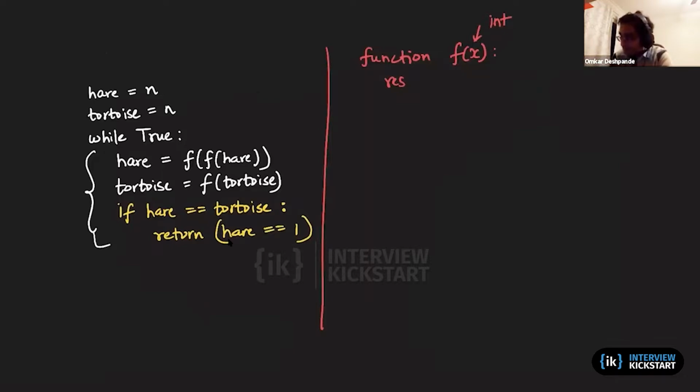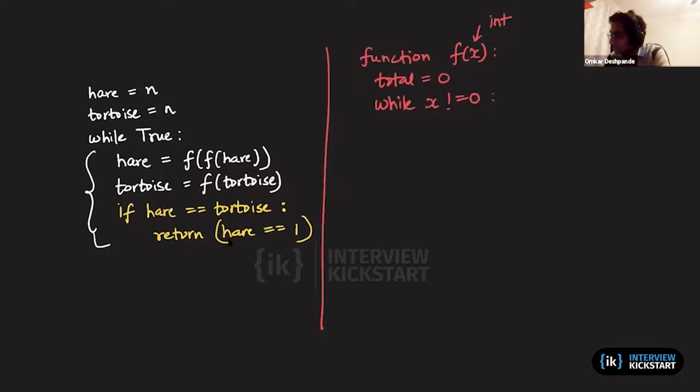So let's maintain a total counter, which will keep a running sum of the squares of all the digits. As long as x is not 0, we will break apart one digit at a time from x.